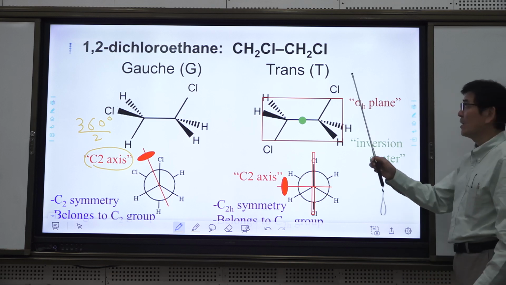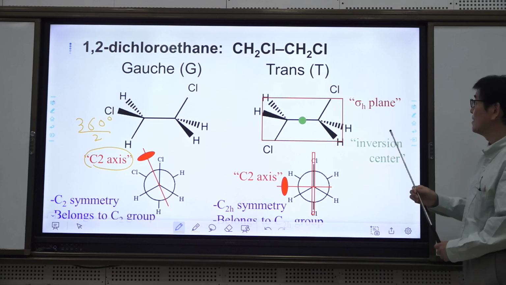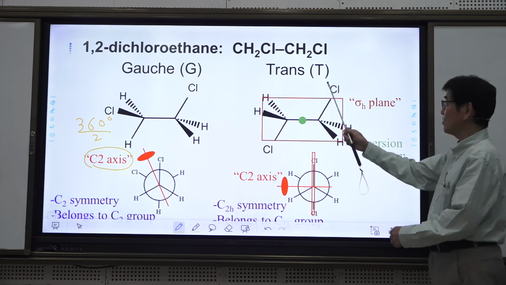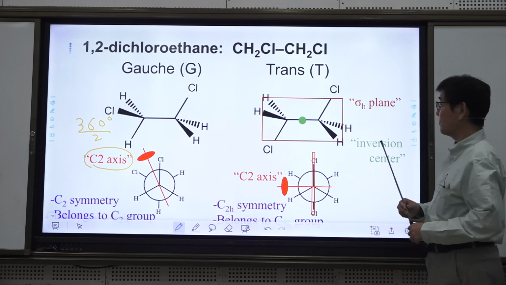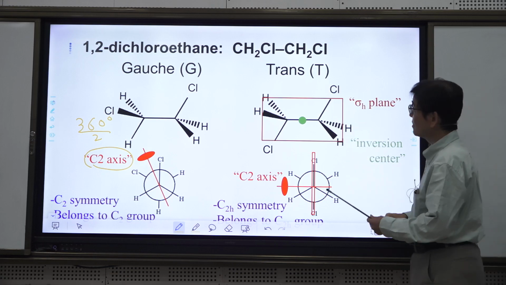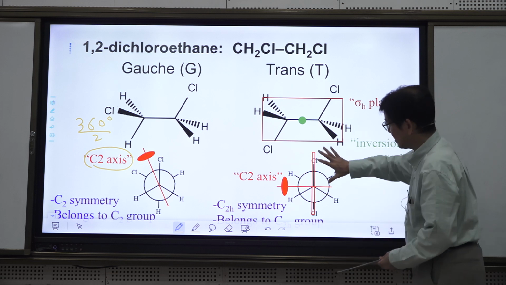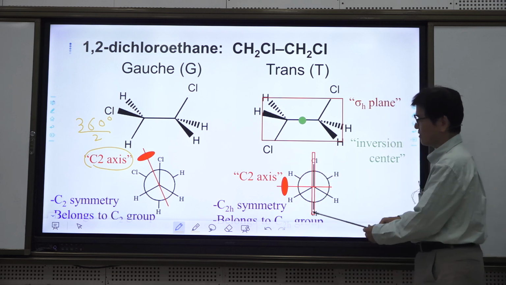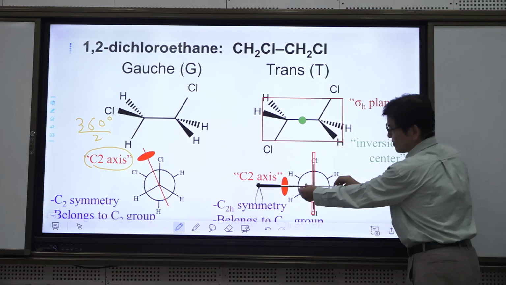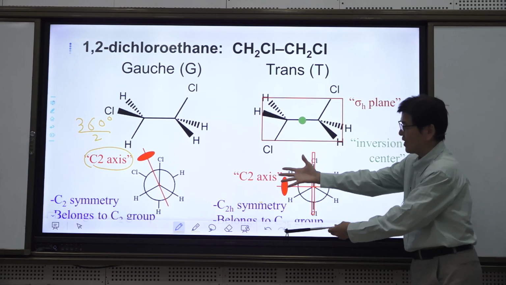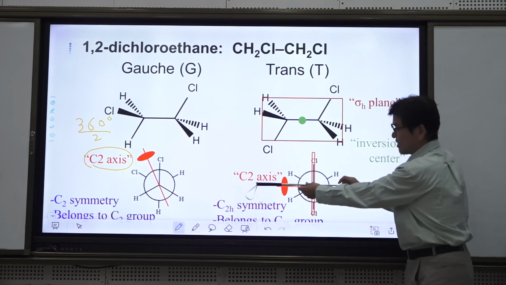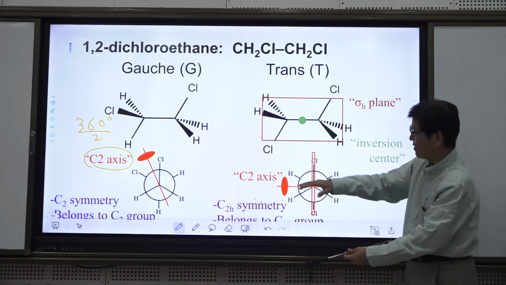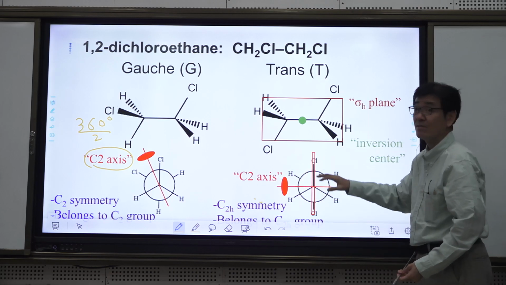On the other hand, how about trans form? This molecule has higher symmetry. So when we watch this description, we can find the C2 axis in this direction. So by rotating 180 degree along with this axis, it returns to the same structure.